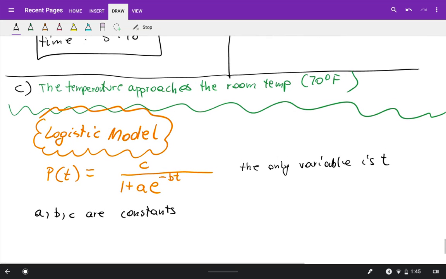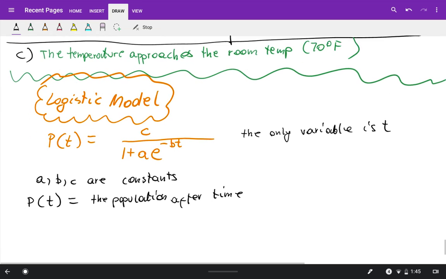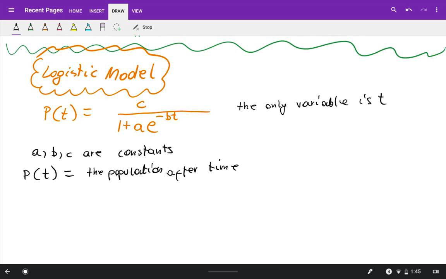So let's explain step by step. P of t is going to be the population after time t. Again, after, it depends, 5 hours, 5 years.